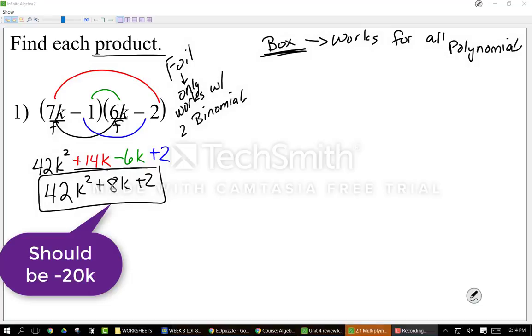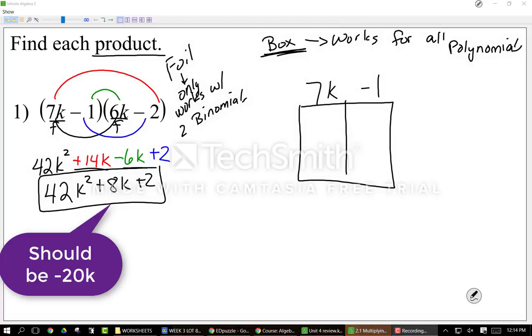So when I make a box, what I'm going to do is I'm going to take one set of parentheses, 7k minus 1. I'm going to put it on top of my box with a line going down the middle to split the two boxes, because I have one term on the left and one term on the right. Now I'm going to take the other one, which is 6k minus 2, and I'm going to split that in half as well.